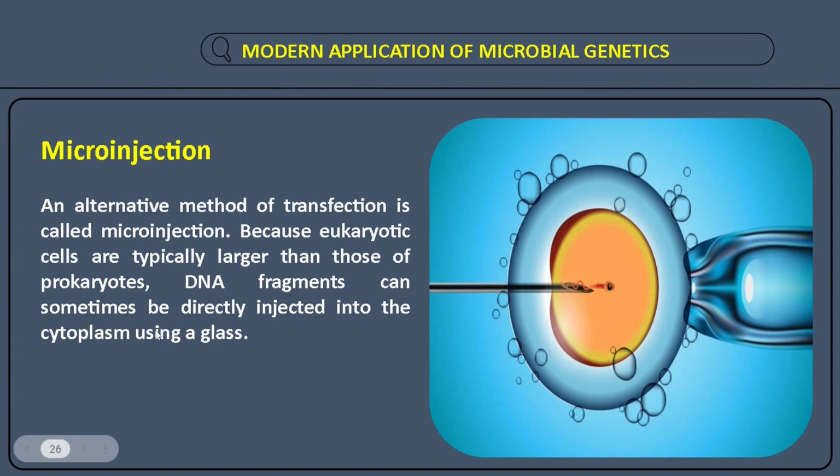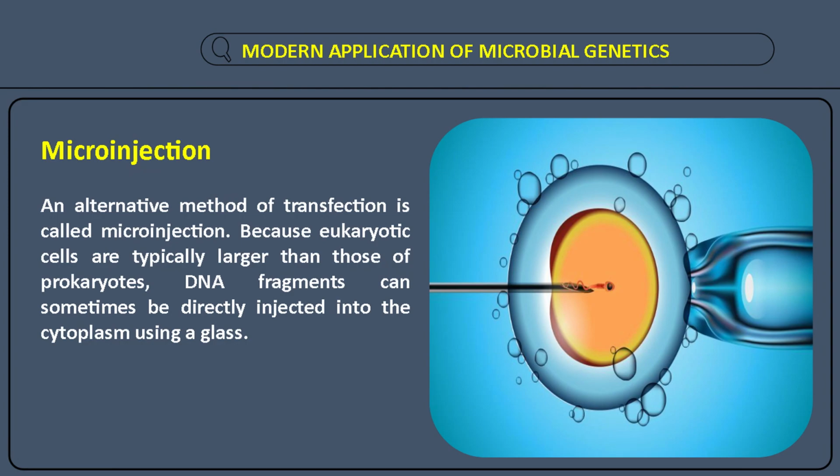But in another example here, an alternative method of transfection is called microinjection. Because eukaryotic cells are typically larger than those of prokaryotes, DNA fragments can sometimes be directly injected into the cytoplasm using glass. So the process of microinjection involves using a fine glass needle that's smaller than the cell itself to deliver the foreign DNA or other molecules directly to the cytoplasm or the nucleus of the cell.